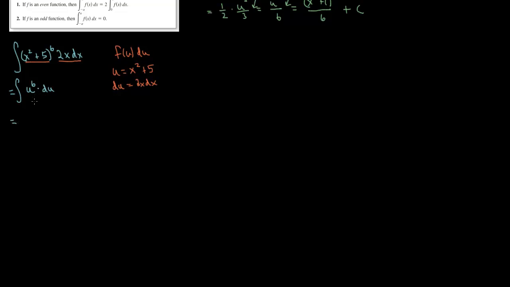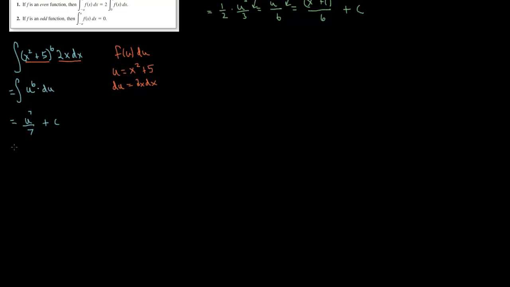It's just a power rule antiderivative, and we know that's u to the 7th over 7 plus c. Of course we're going to have to make sure we have that antiderivative list memorized, because U-substitution depends on having the power rule, your trig antiderivatives, your exponentials, that kind of stuff, memorized. If you have that list memorized, it's not so bad.